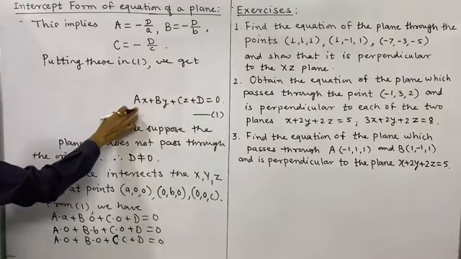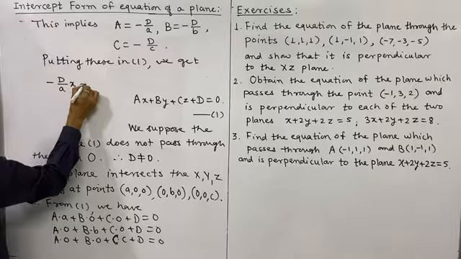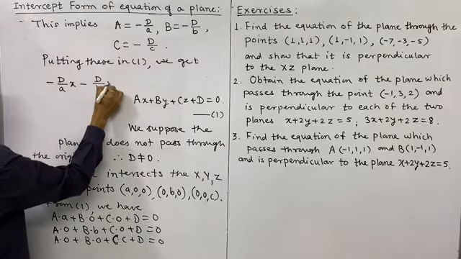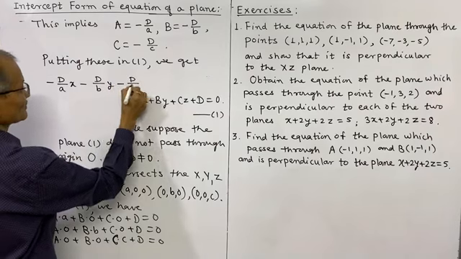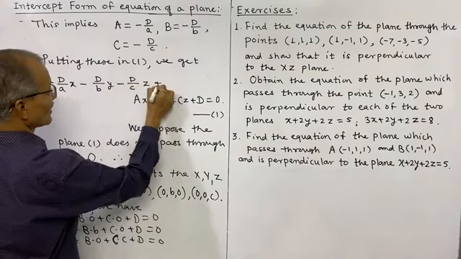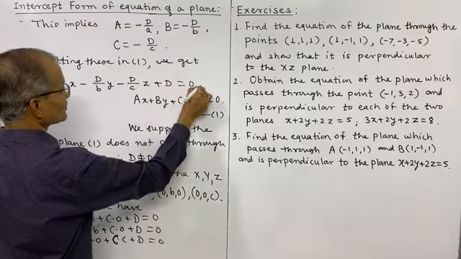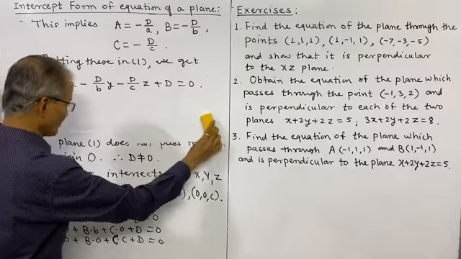So putting these in 1, we get capital A is minus d divided by a into x, minus d divided by b into y, putting the values of A, B, C in this, and plus d is equal to 0. This is the equation that we have obtained.